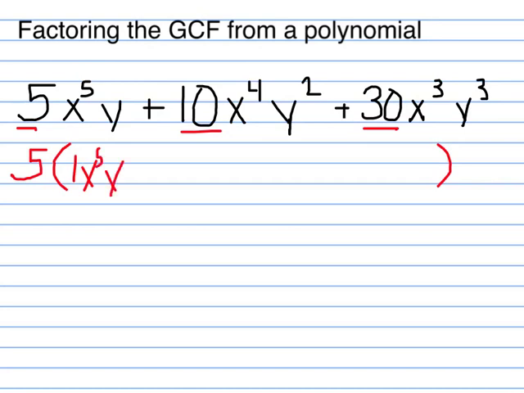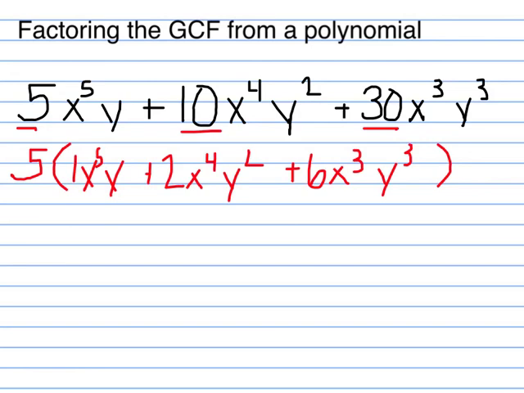If I pull a 5 out of the 10, I have 2x to the 4th y squared. And then if I pull a 5 out of the 30, 30 divided by 5 is 6x cubed y cubed. Now there is more that I can actually factor out. I just wanted to show you what I'm doing step by step.